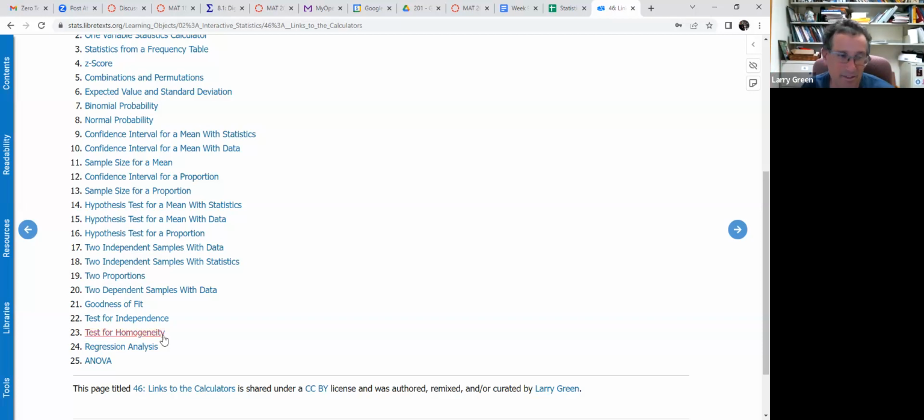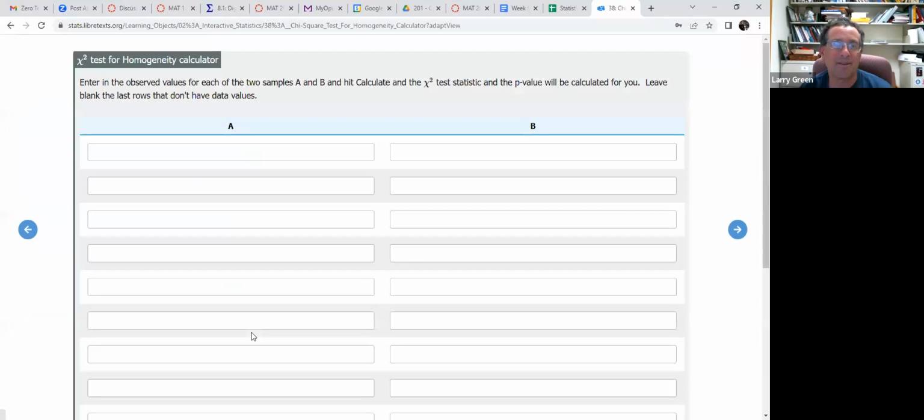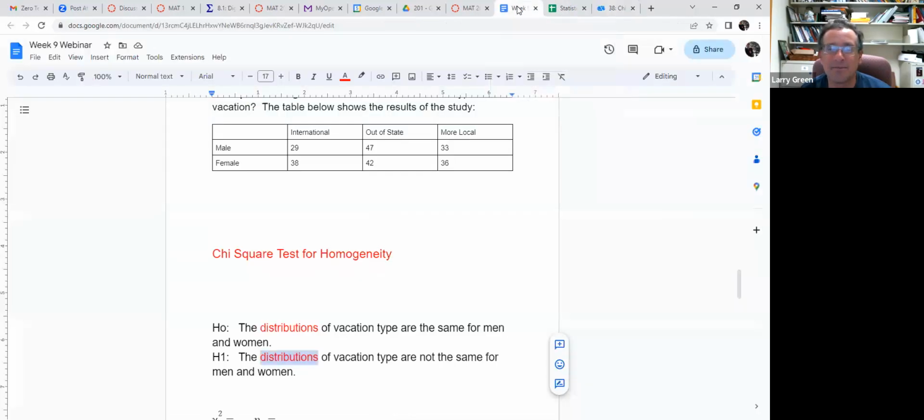But we've got to finish homogeneity, of course, because we haven't finished the example. I can click test for homogeneity. And here, enter the observed values for each of the two samples A and B, hit calculate, and the chi-square test statistic and p-value will be calculated for you. Leave blank the last rows that do not have data values. So what I'm going to do is I'm going to put them in. So we have 29, 47, 33.